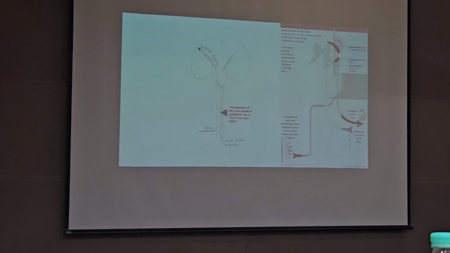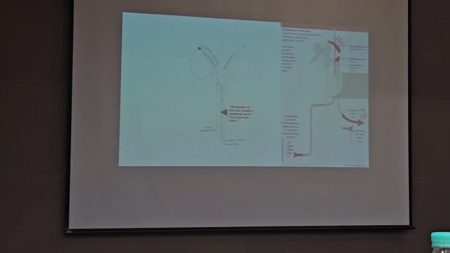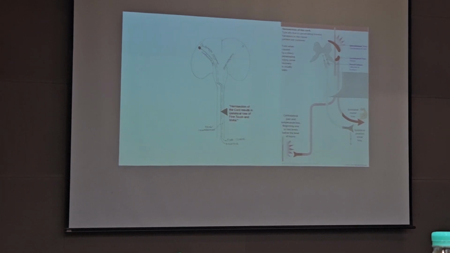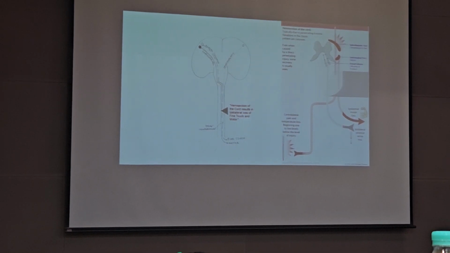Here you can see it is either a stab wound or a gunshot wound. The loss of vibration will be on the same side, because the DCML pathway hasn't crossed to the opposite side at the level of the spinal cord, and Brown-Séquard syndrome is an injury of only one side of the spinal cord. The wound is here, and the loss of pain and temperature will be on the opposite side because they already crossed at the spinal cord level.